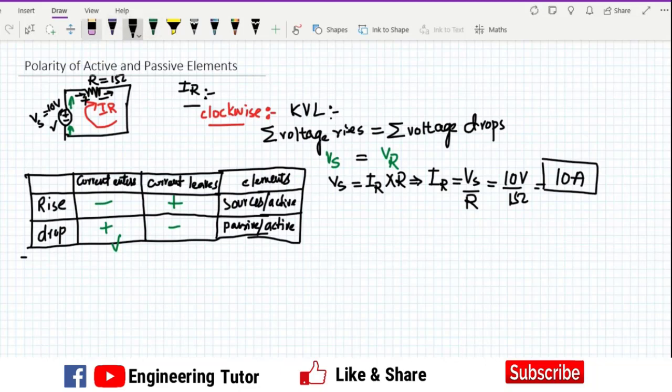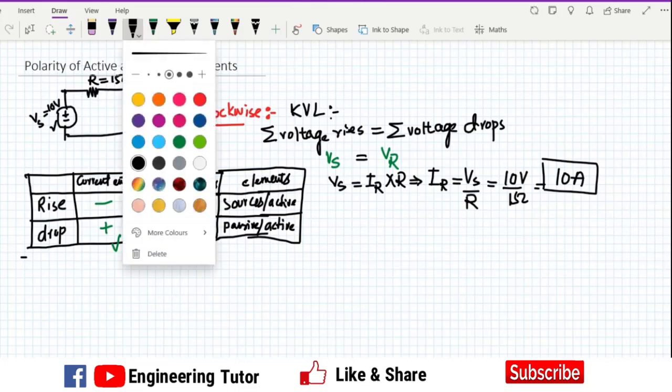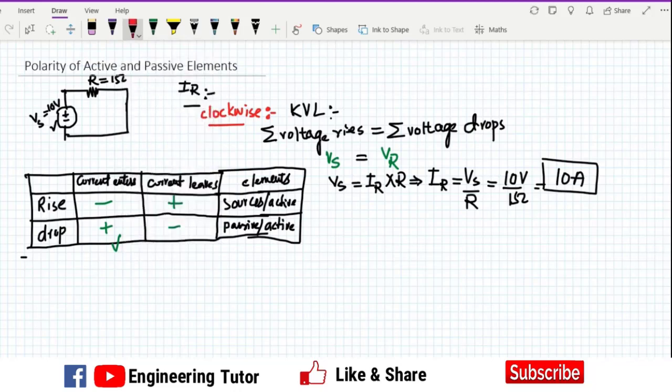Similarly, let us consider another scenario. Let me remove all these. This is the resistor. Let us consider another direction of the current, and this direction is basically counterclockwise, and let me write it here.